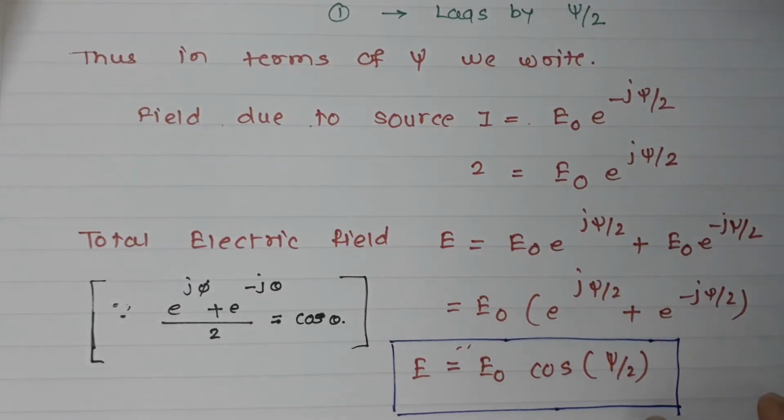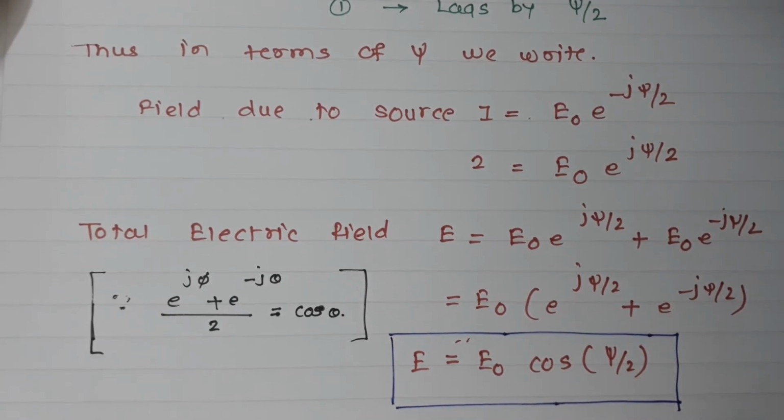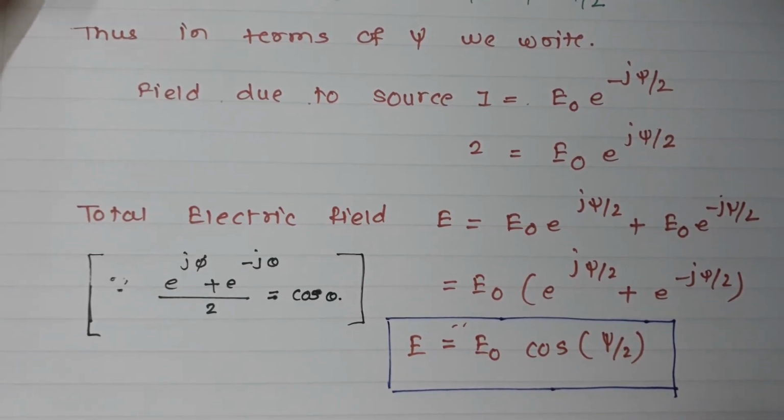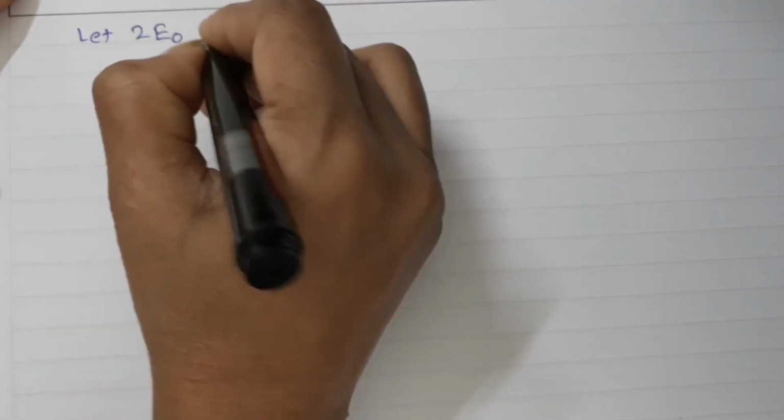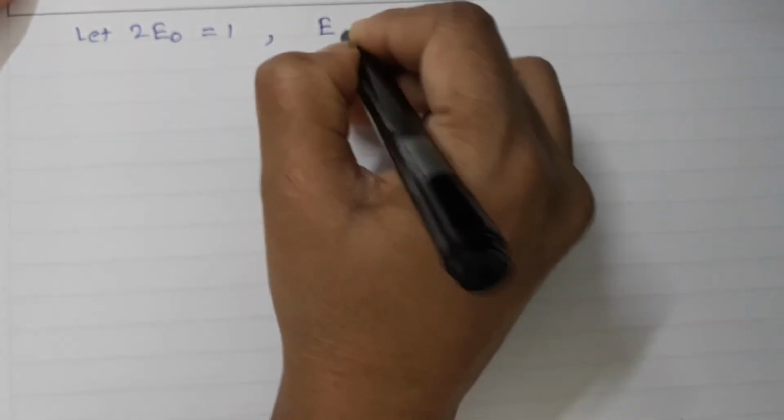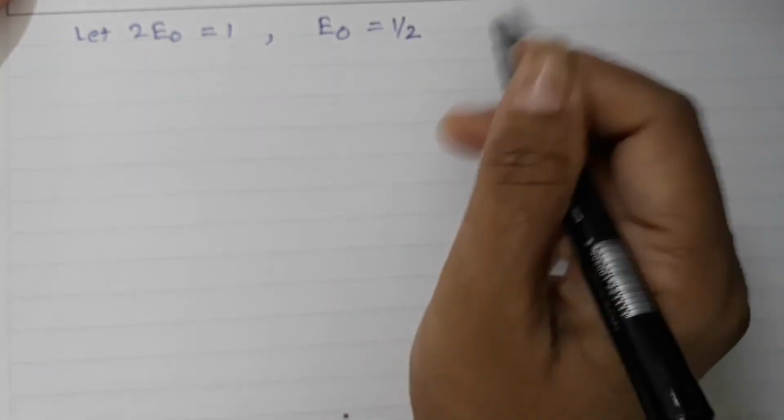Okay, now normalizing this. If I'm talking about normalization, it means I'm assuming that my electric field is 1 over here. So I can say let E0 = 1, or E0 = 1/2.